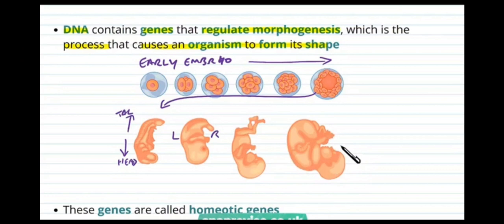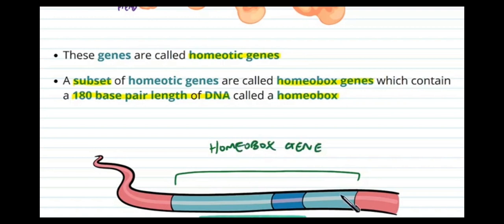Now, these genes which regulate the morphogenesis are called the homeotic genes. Now, this is a structure of a DNA, and in this structure, DNA is represented by the red portion.